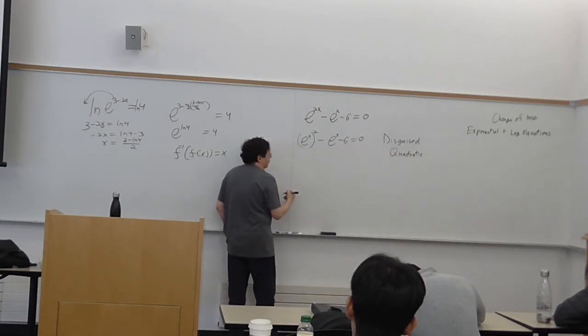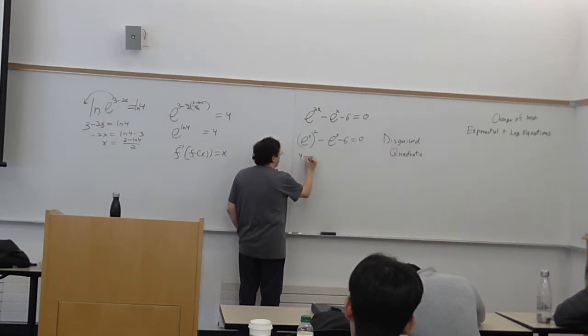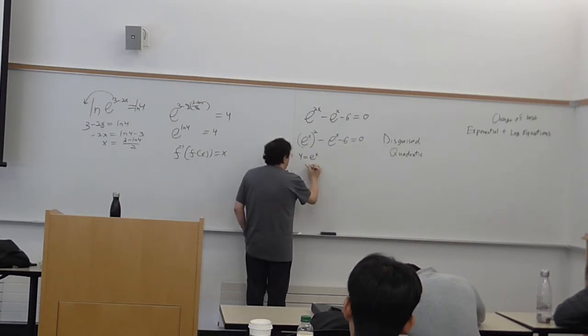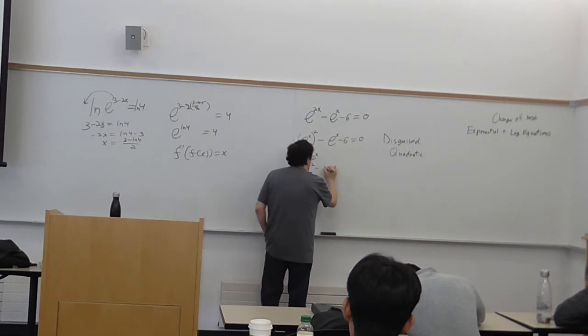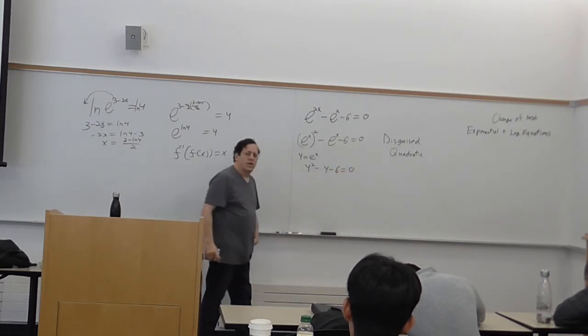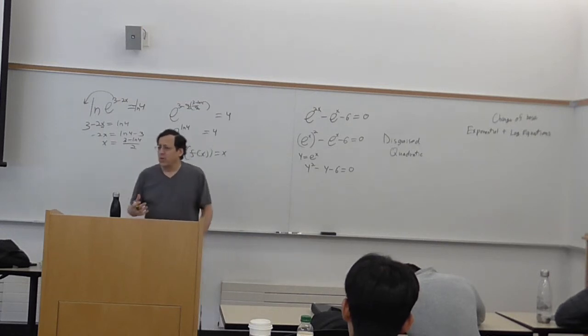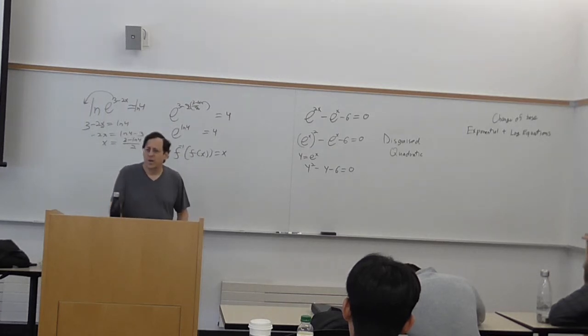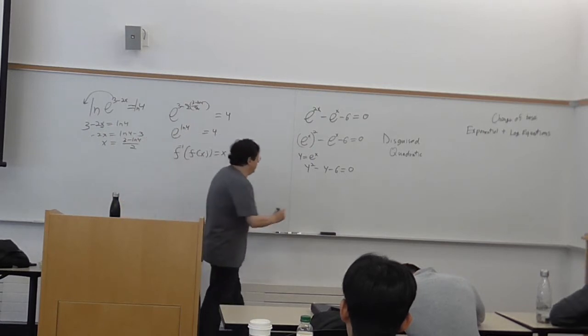Well, if I do a substitution here, if I say y equals e to the x, then this becomes y squared minus y minus 6 equals 0. Well, I think I can find y, right? How am I going to do that? You factor it. This is an easy factor.